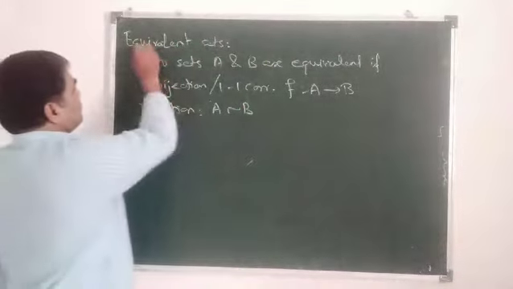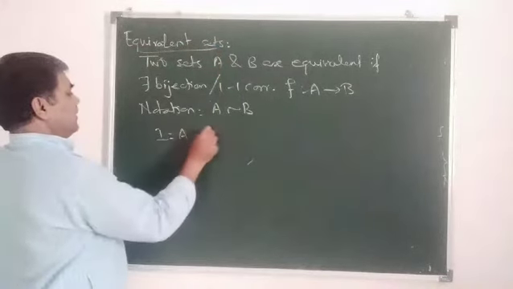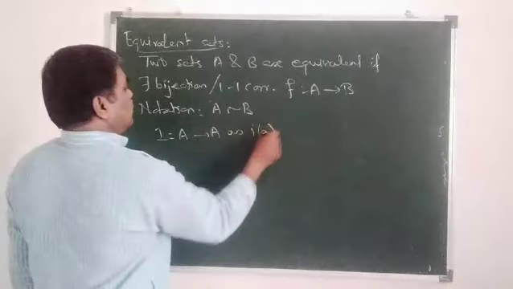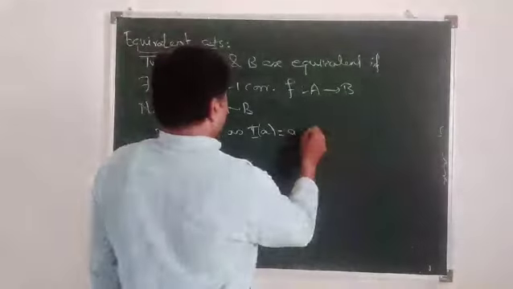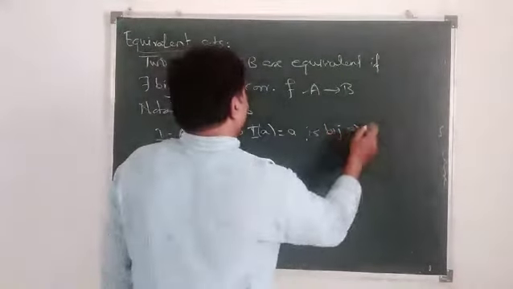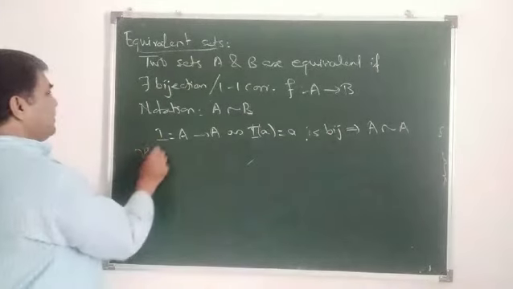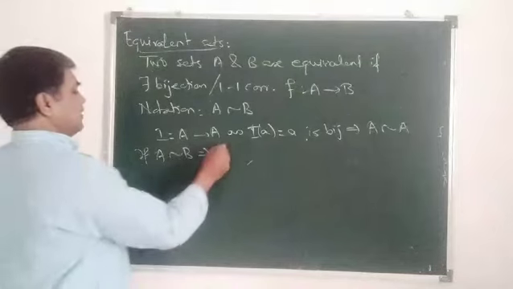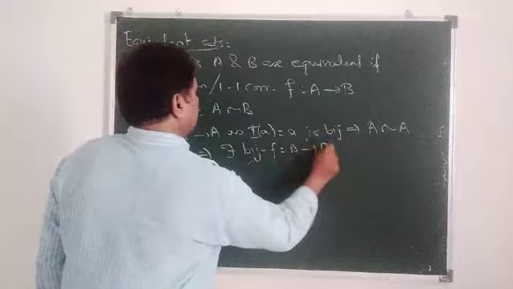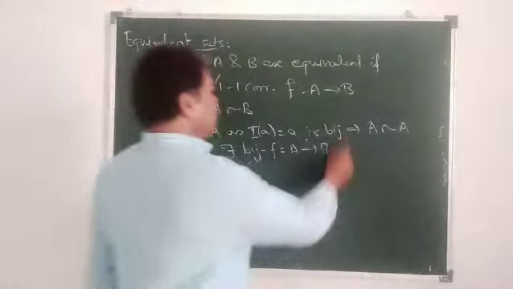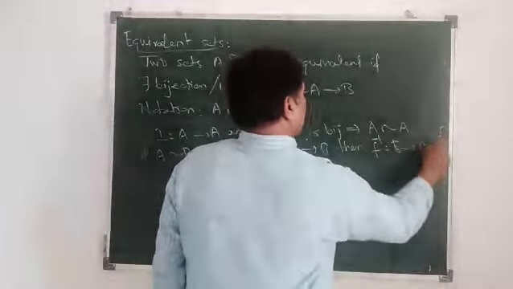Now, the identity function I_A from A to A, given by I_A(x) = x, is a bijective function. Since it is bijective, A is equivalent to A. If A is equivalent to B, there exists a bijective function f from A to B, then f inverse from B to A is bijective.